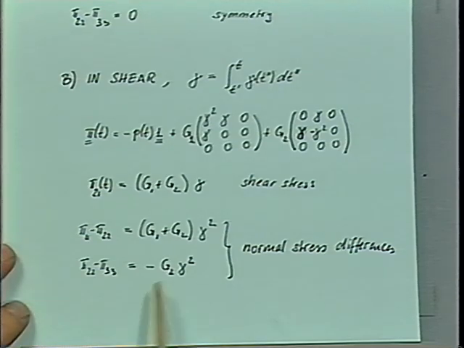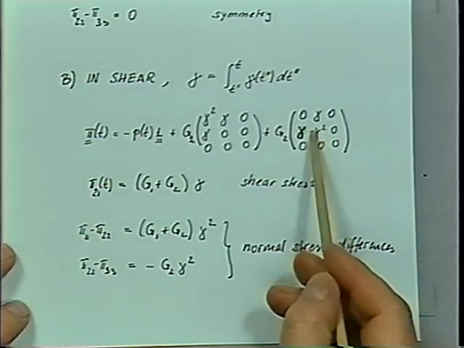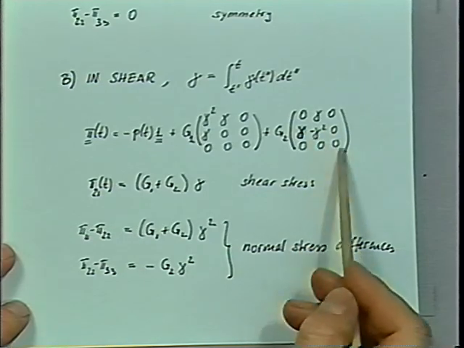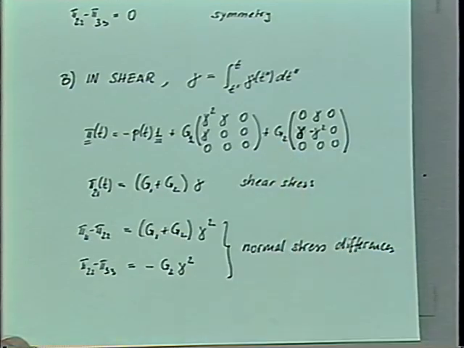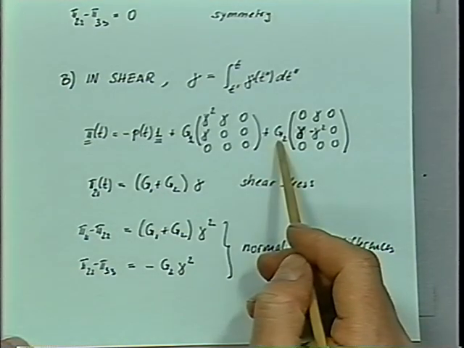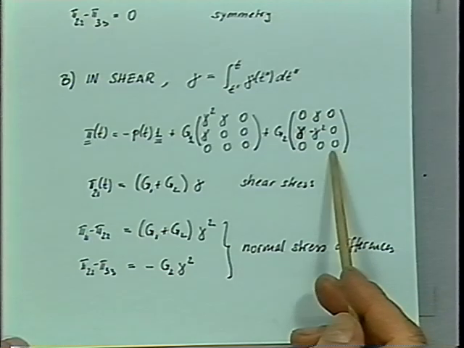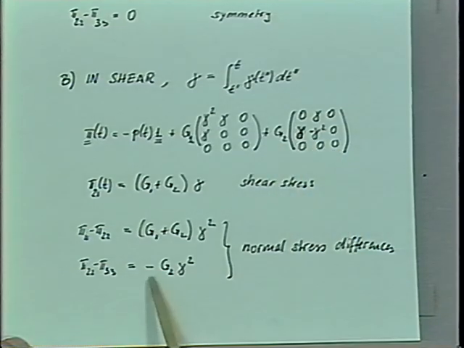For the second normal stress difference, we only have a contribution if the Cauchy strain tensor has a finite factor in front. So if G2 is finite, and it is certainly negative, so the minus sign is okay. That's what we would expect in the system. And G2 probably has a finite value.